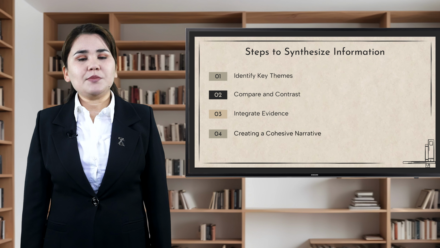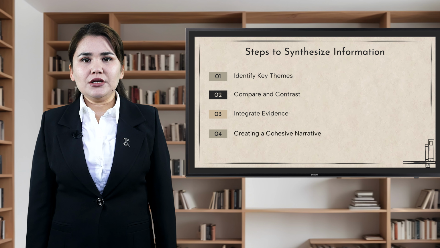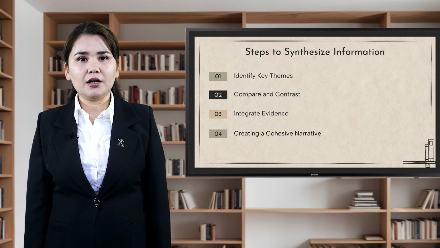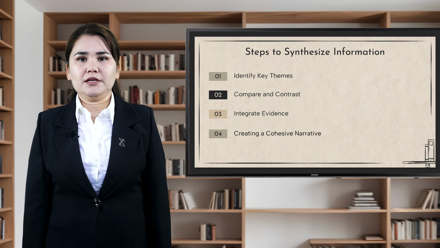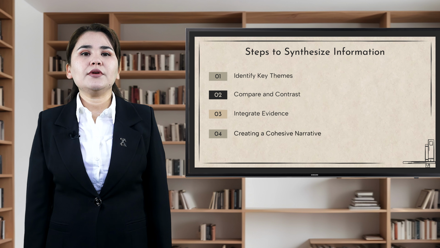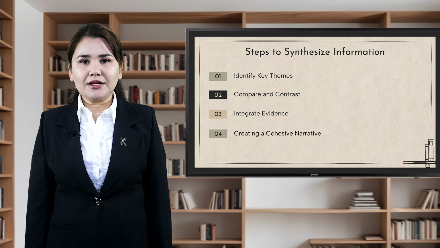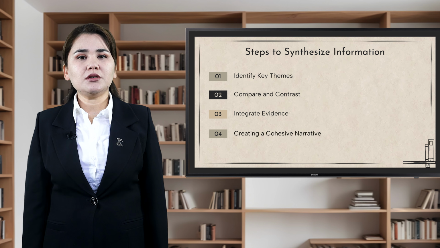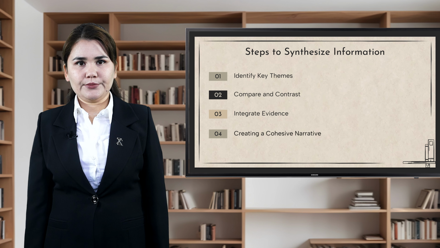When the speech is about integrating evidence, you may use the information you have gathered to support your own conclusions or arguments. This may involve paraphrasing or quoting directly from the sources, but always be sure to give credit through proper citations.